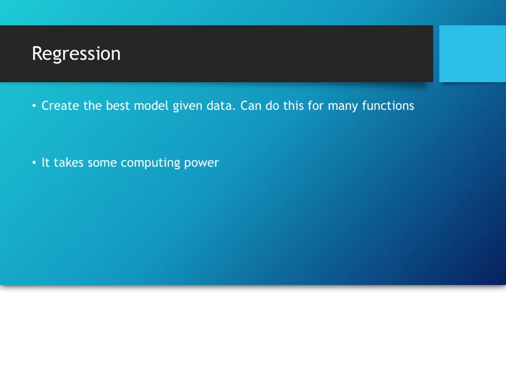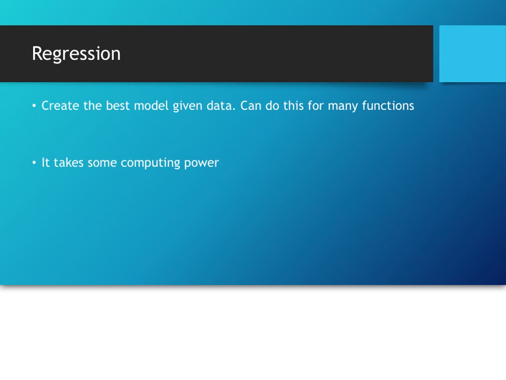Now, very rarely are these types of models going to be perfect. So most of the time, your goal is to come up with the best model that you can.